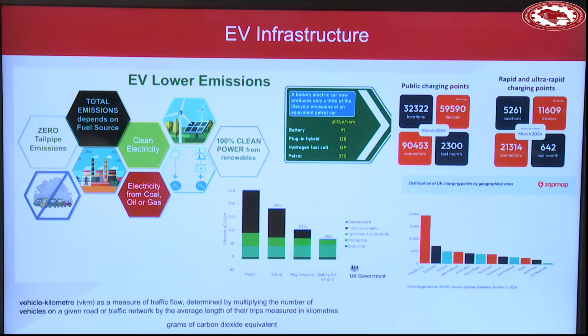You always have an option depending on your need. It's not like you always go for rapid or ultra rapid. You can go for a standard charger, but if you're in a hurry, go for rapid as well. And then this is how they have been distributed across the UK, within Scotland, Wales, and other parts of the region.